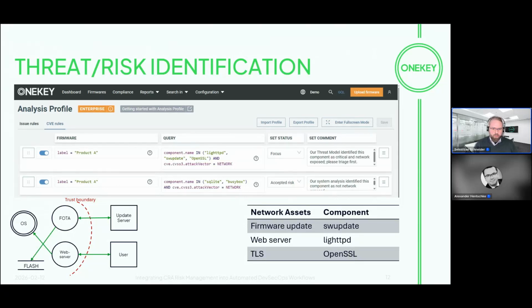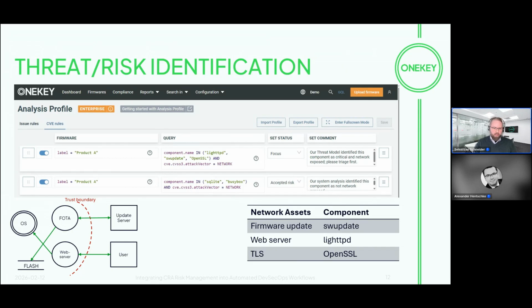Please triage first. So this is really to focus your attention on these kinds of vulnerabilities where you already know these are critical components, and to inform your security team: look at this first.